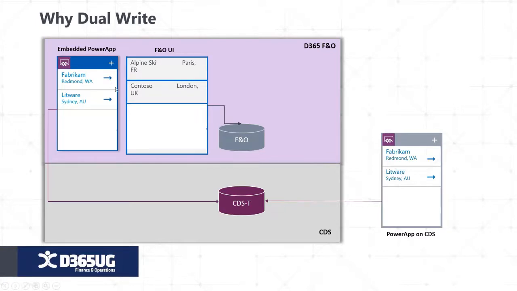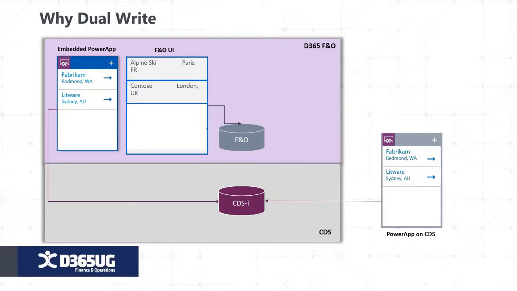In the F&O UI, you have customer information which does not exist in any of the CDS databases here. These two accounts, Fabrikam and Litware, sit in CDS, whereas Alpine Sky and Contoso UK live in the F&O database.